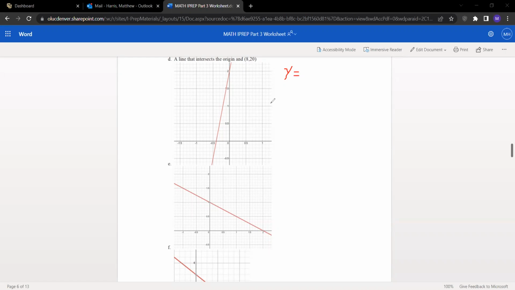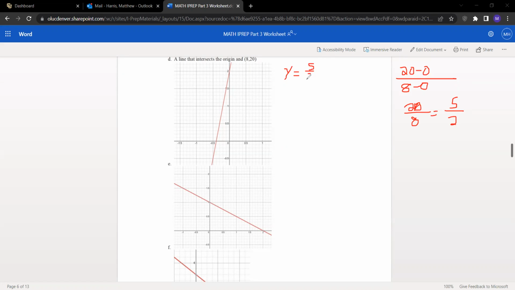So we see our slope is going to be 20 minus 0 over 8 minus 0. 20 over 8 equals, divided by 4, 5 over 2.